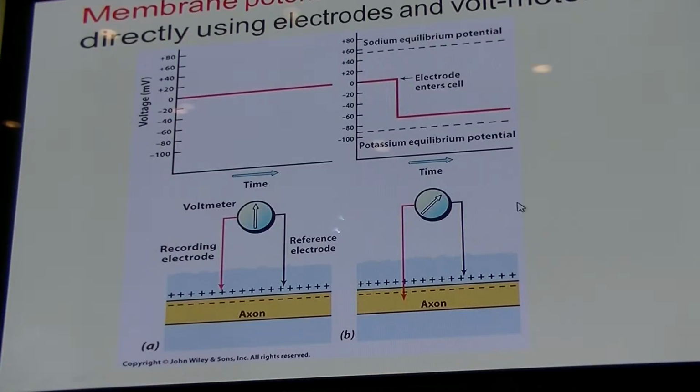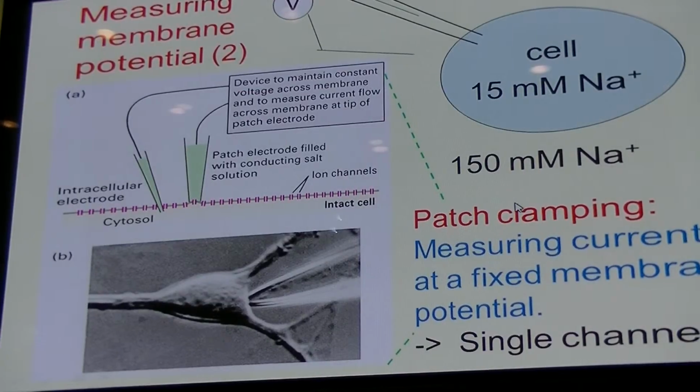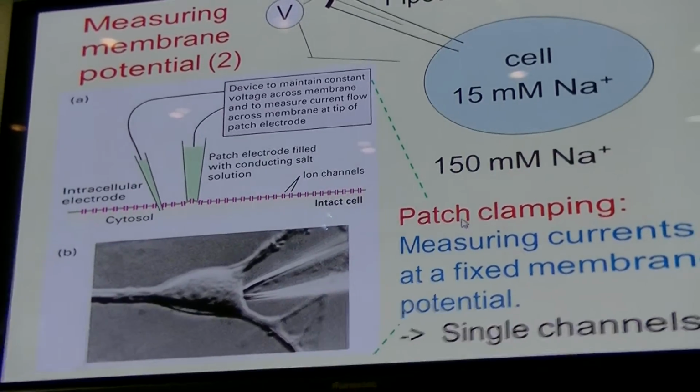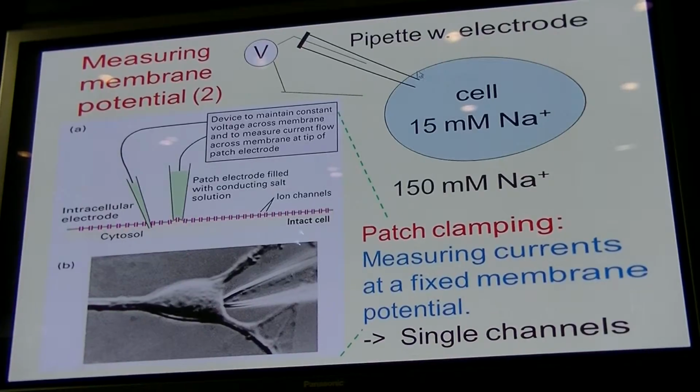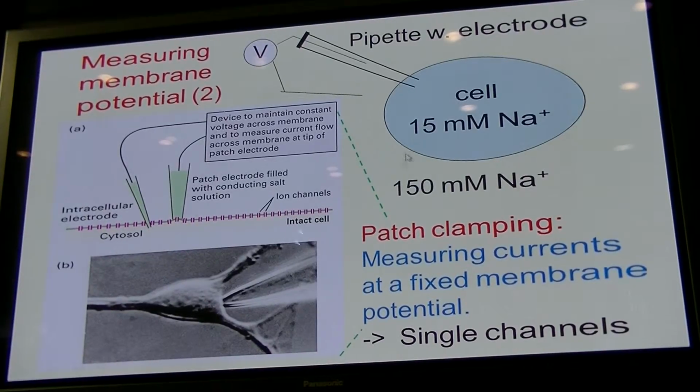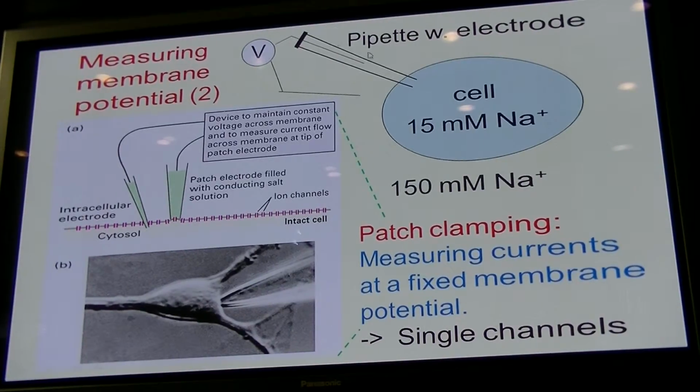But there are other ways in which we can measure with a little bit more detail. So imagine here we have a cell in cross-section, and we have a reference electrode outside, and now we have an electrode that we can stick in. Just imagine it's in a very narrow pipette, and there is actually our electrode, this point here. So all of this section here is in contact.